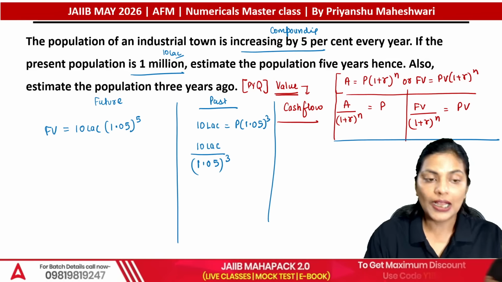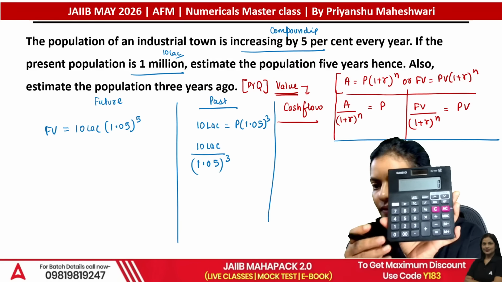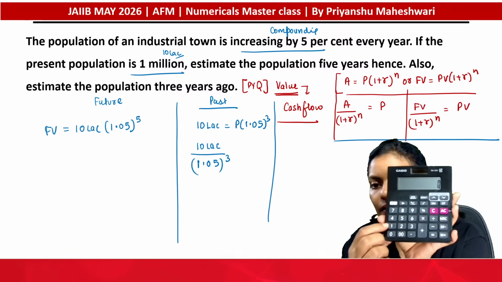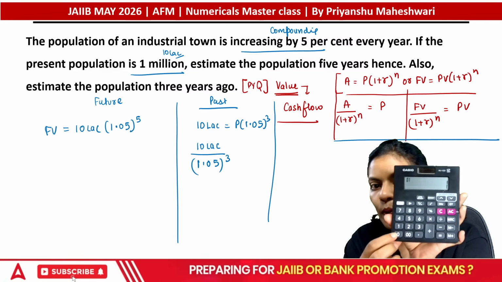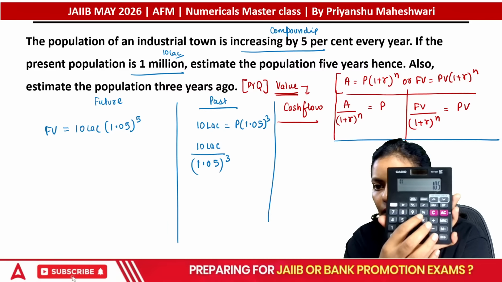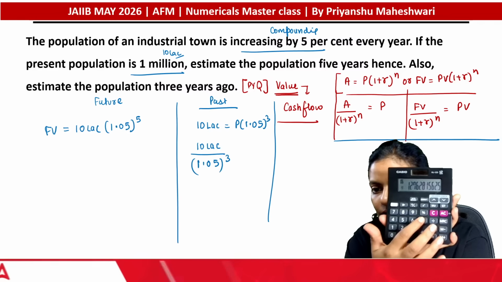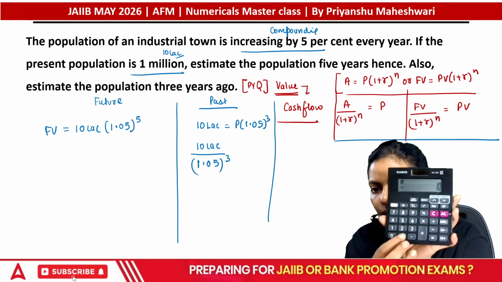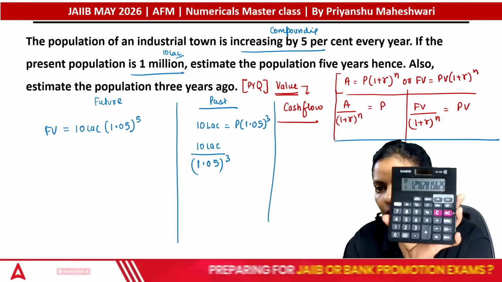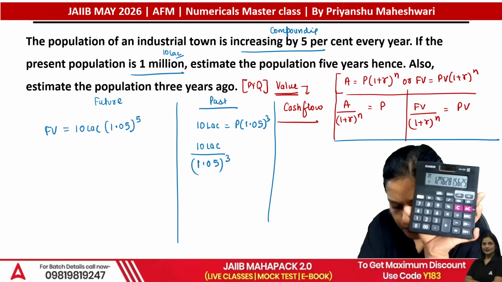Now, how to calculate the power? Always remember, we will press equals to 1.05 into 1, 2, 3, 4. Stop here itself, no 5, correct, into 10 lakh. The answer will come as this only, no?